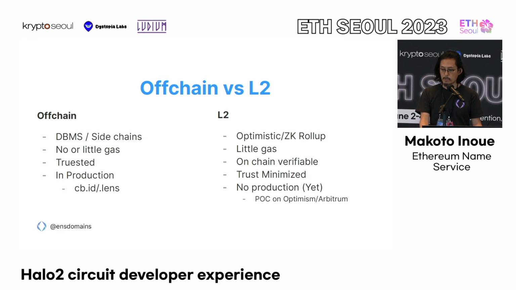The difference between the off-chain resolver and the L2 resolver is that with the off-chain resolver, you have to trust the gateway service as well as the data source, whereas with L2, one thing that differentiates an L2, or so-called rollup, from other side chains with bridges is that they secure the L2 by batch committing the L2 state into L1.